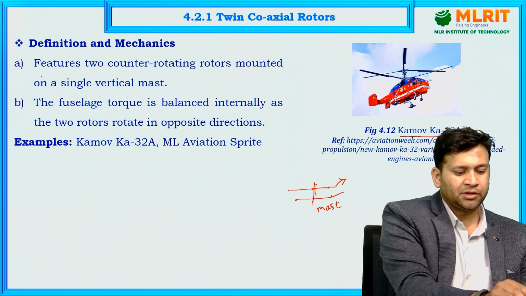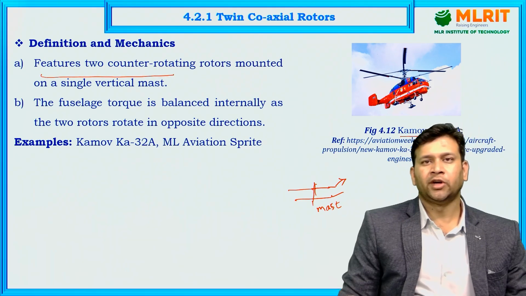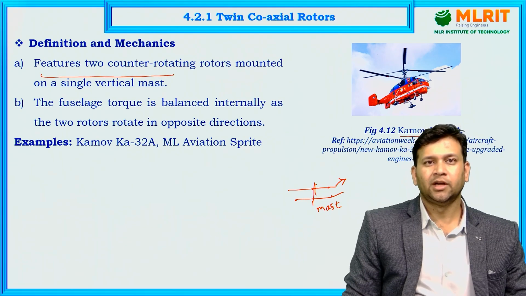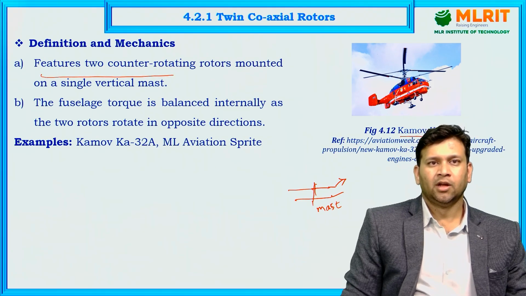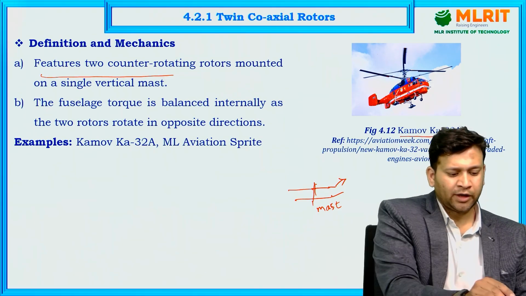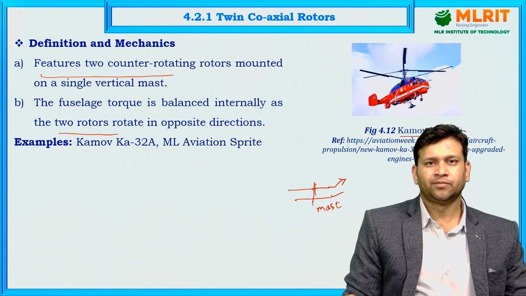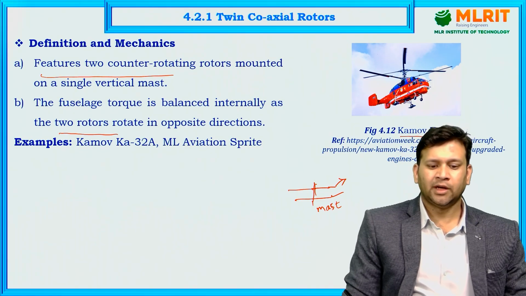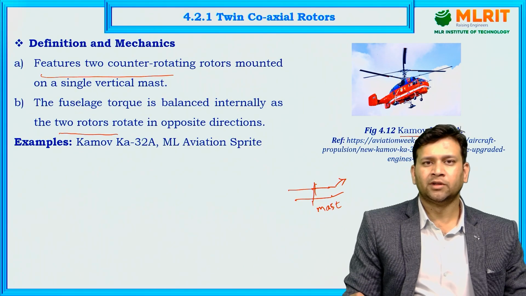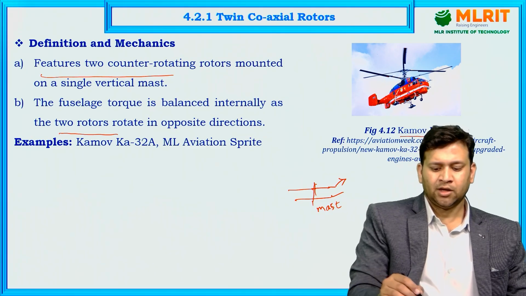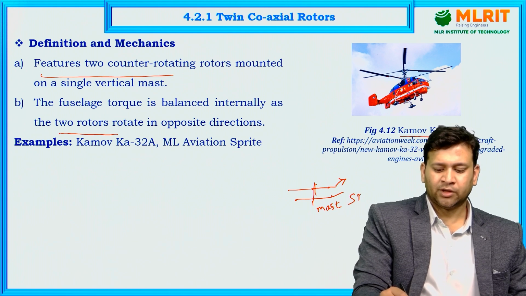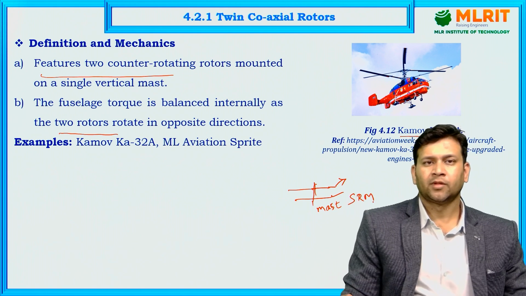So it features two counter-rotating rotors mounted on a single vertical mast. The fuselage torque is balanced internally as the two rotors rotate in opposite directions. In the previous slide, we saw an example where a tail rotor was installed to counter the torque generated by the single main rotor.